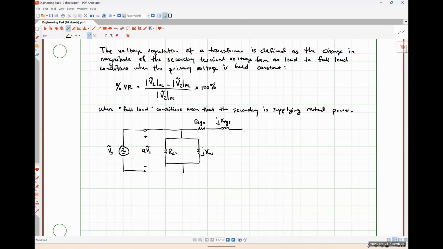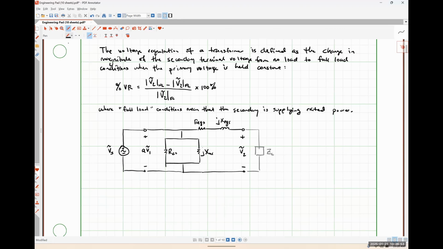And here's V2, and then I'm going to put a generic load over here. And the purpose of this load is to just draw rated power, right?